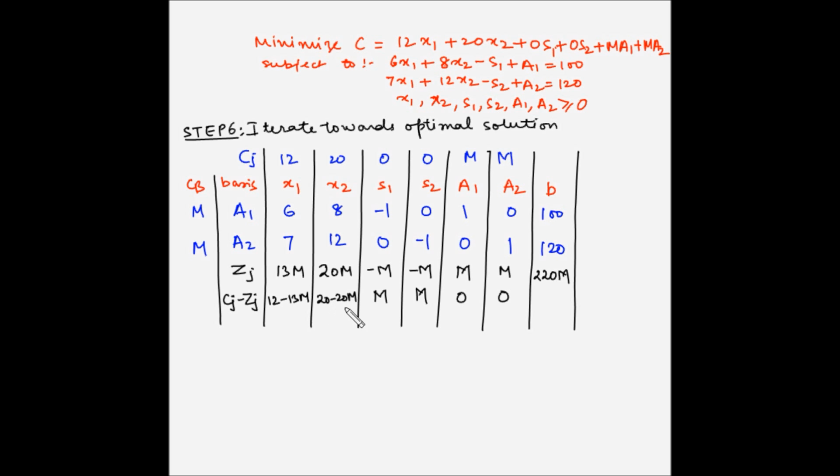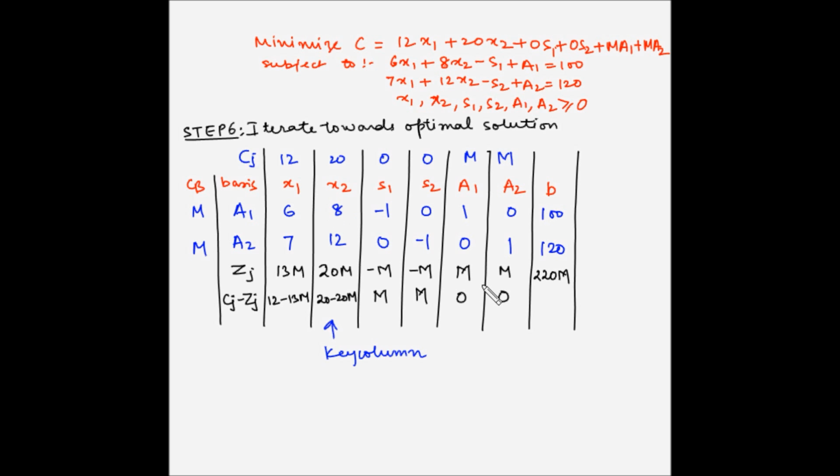Definitely minus 20m is more negative than minus 13m. So let's mark the x2 column. Now this column becomes our key column and the variable of that column is our entering variable. So x2 is going to enter the solution.